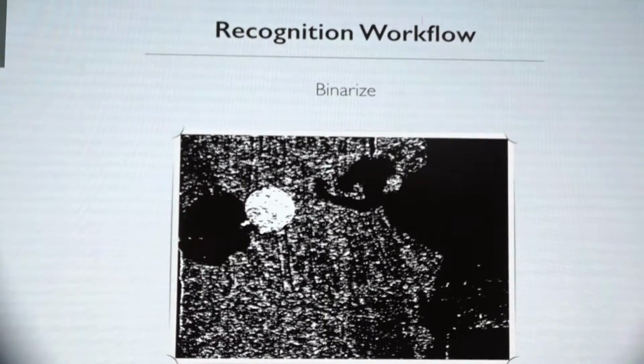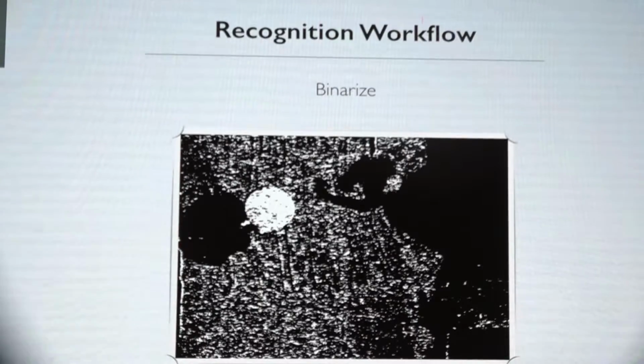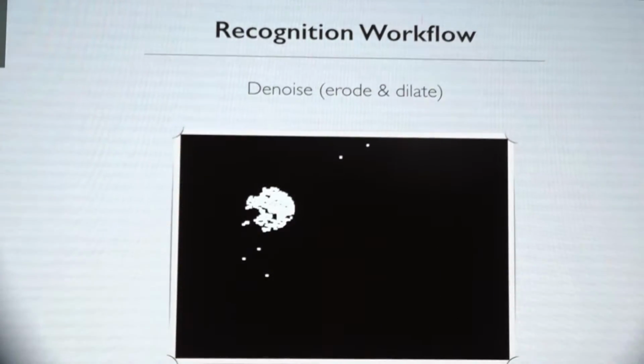After that, the rest of the algorithm is implemented using the NIOS system. After binarization, we denoise the image using erode and dilate operators. And finally, the blob algorithm is applied to find the largest patch.